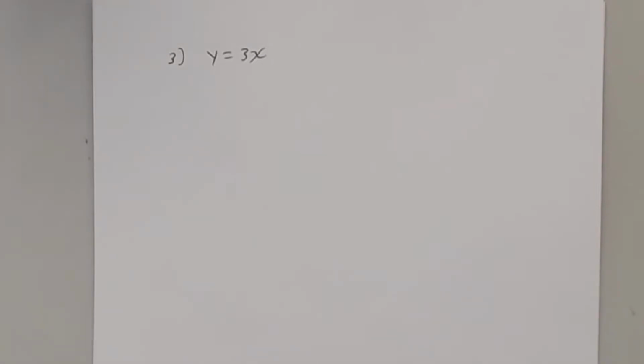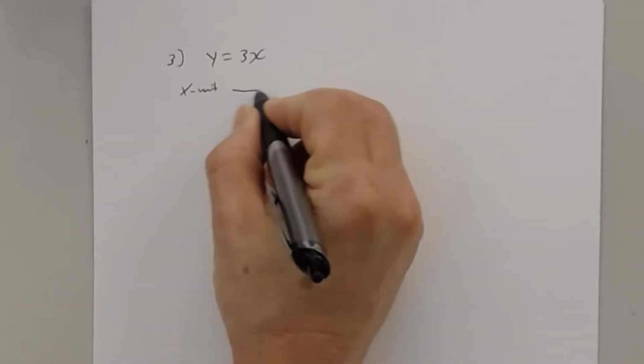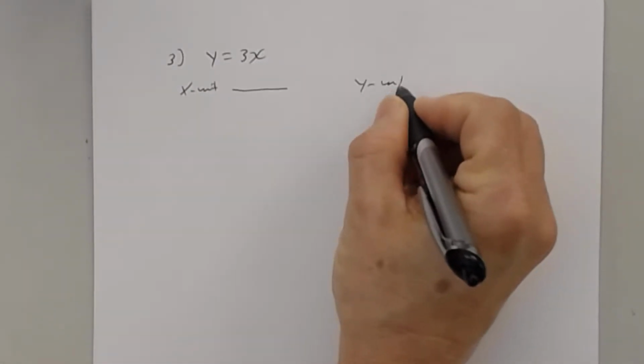I want to graph this line using intercepts. So we've got to find the x-intercept and the y-intercept.